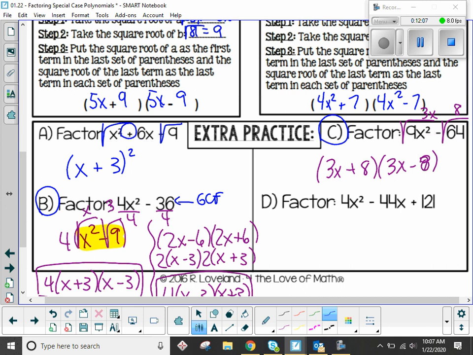But if that is too hard to recognize when to use it, you can always do the cross thing. You're looking for perfect squares. Also, though, this middle term has to be the square roots doubled, right? So let's do this one. This gives you 2x, and this gives you 11.